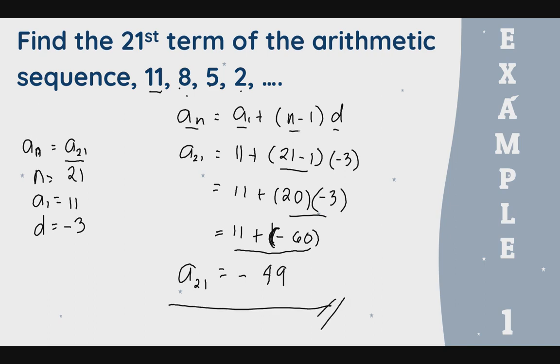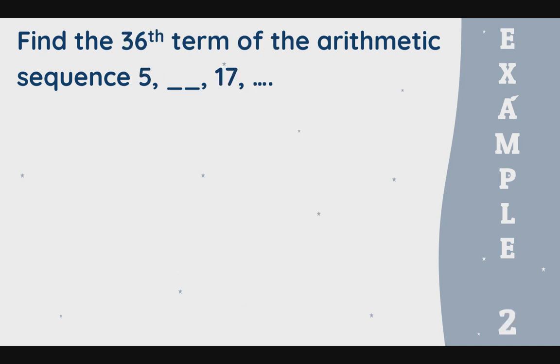Okay. Now, let's proceed to our example number 2. Find the 36th term of the arithmetic sequence 5, blank, 17, and so on. From this arithmetic sequence, as we can see, the second term is not available. Since we have the first and third term, then the second term is the arithmetic mean.